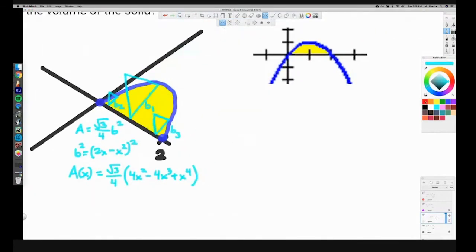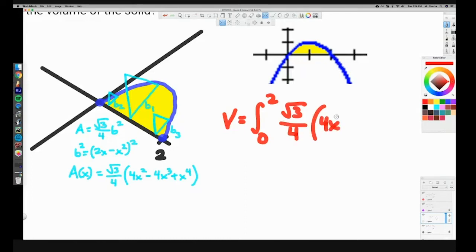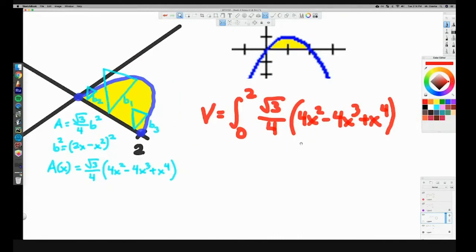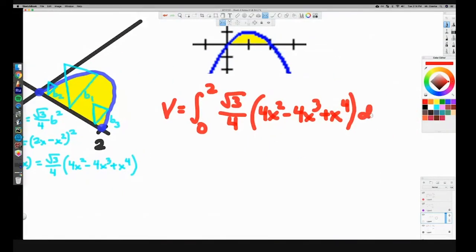So now the next thing we need to do is say the volume is equal to the integral from 0 to 2. You can see that from the graph. And you're going to have root 3 over 4 times 4x squared minus 4x to the third plus x to the fourth dx.